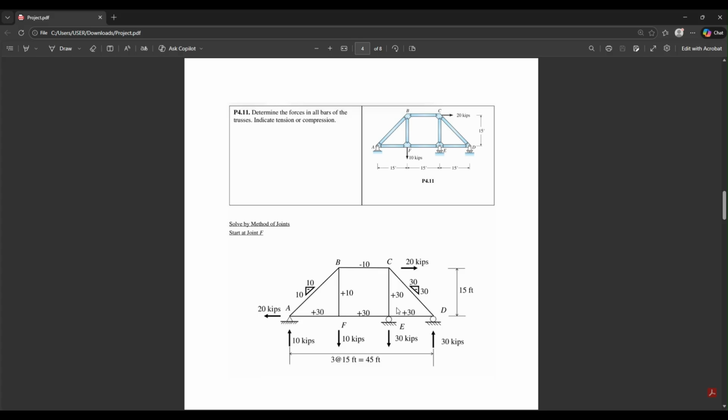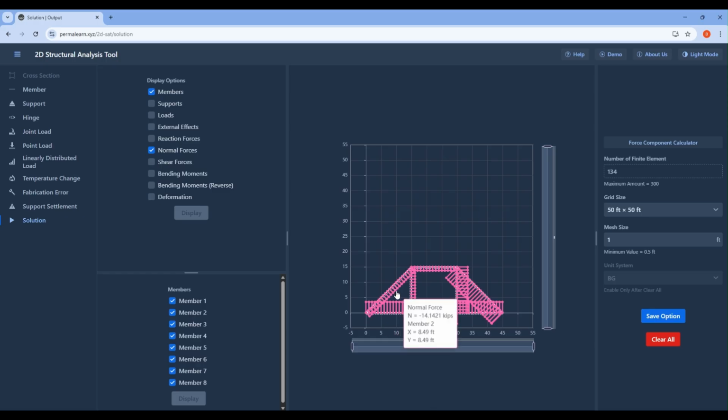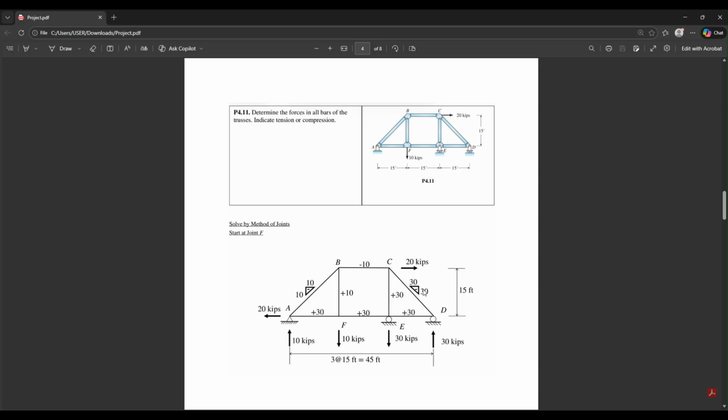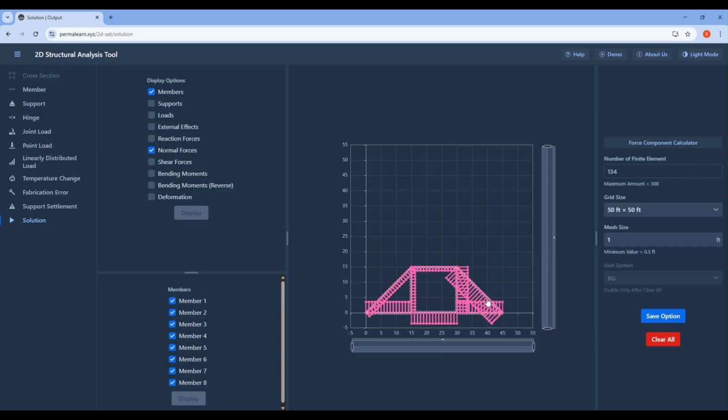And for the incline, we have square root of 10 squared plus 10 squared, which is negative 14.14. This is right. And another one is the square root of 30 squared plus 30 squared, which is equal to the negative of 42.42.